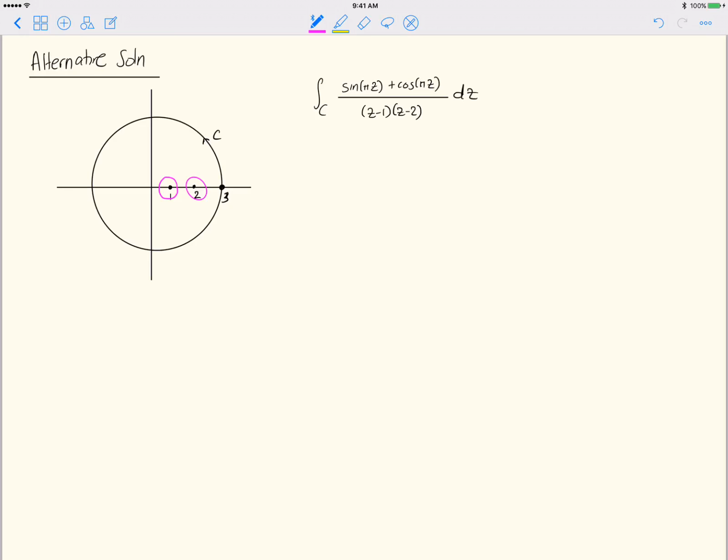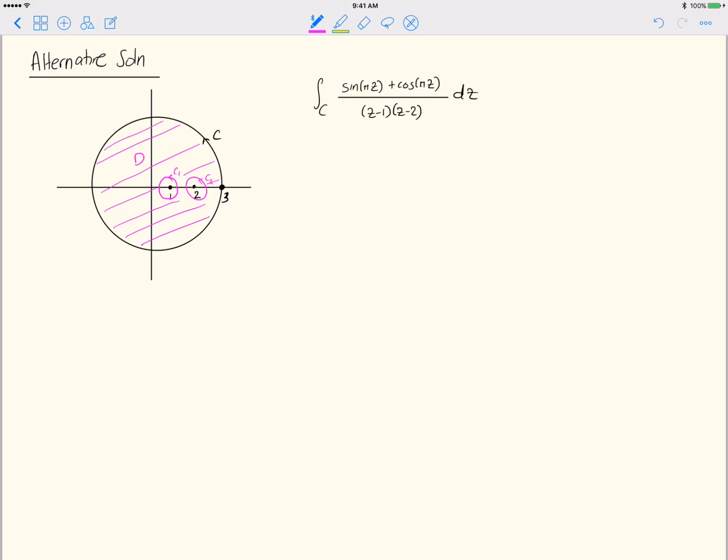Anyway, I'll call this one C1 and I'll call this one C2. Then you can see if I consider this domain here, I have a multiply connected domain. I have a domain with holes, basically. I'll call it D. Its outer boundary is C, but its inner boundary is C1 and C2.